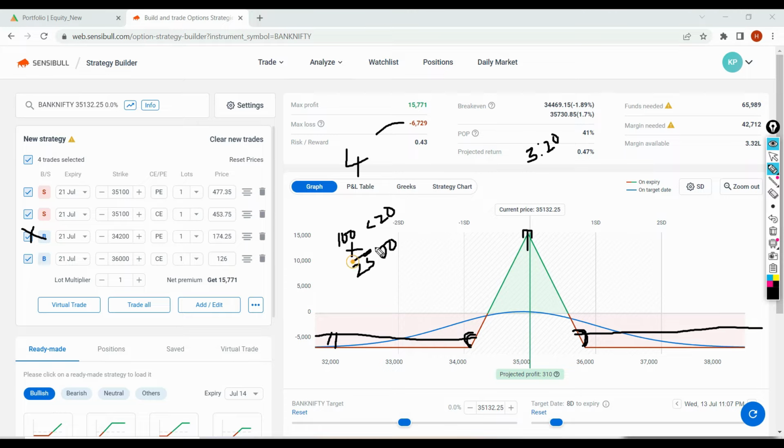You are reducing 2,500 by just giving an extra debit of 20 rupees. 20 into 25 is almost 500 rupees. By sacrificing 500, you're reducing 2,500 on the call side and also on the put side. You got my logic? I've discussed this reverse buying many times.